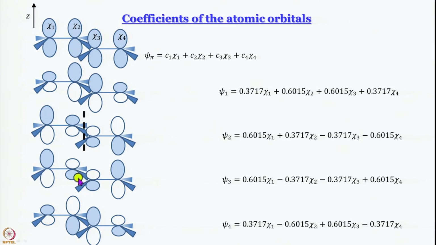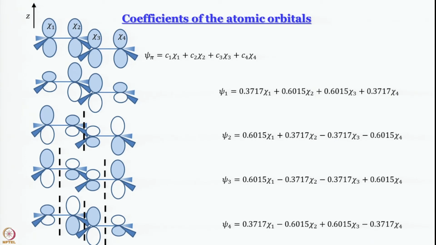Between 1 and 2 there is a sign change, between 2 and 3 there is no sign change, between 3 and 4 there is a sign change in the opposite direction. So, one node here, another node here. What about psi 4? Sign change between 1 and 2, and between 2 and 3, and between 3 and 4. So, how many nodes are there? 1, 2, 3.